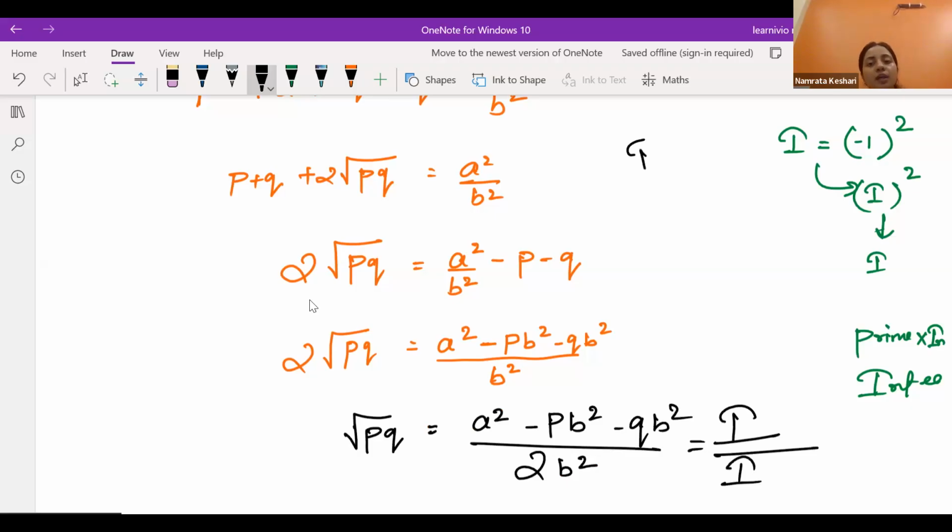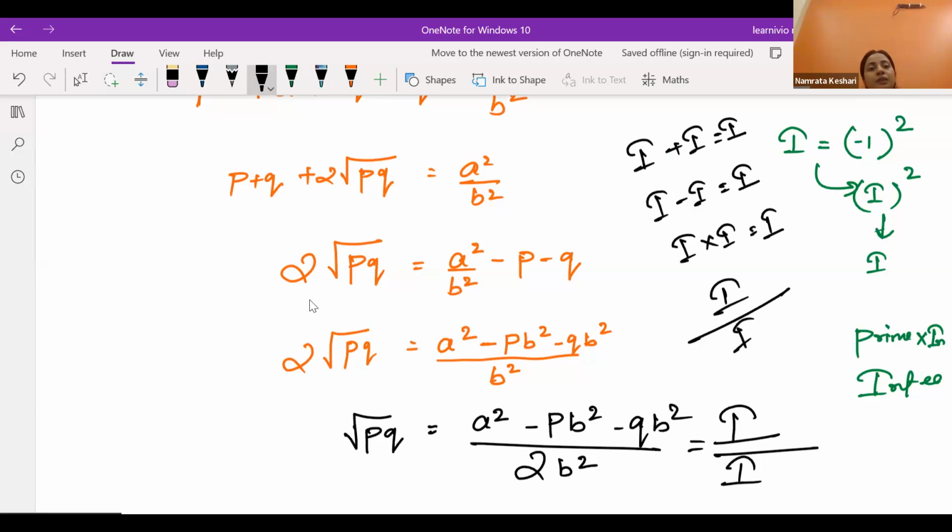Integer by integer means a rational number. When you add two integers, the result will be an integer. When you subtract two integers, the result will be an integer. When you multiply two integers, the result will be an integer. But when you divide two integers, the result is not necessarily an integer. It can be a rational number, because you may have 2 by 5, which is a rational number.